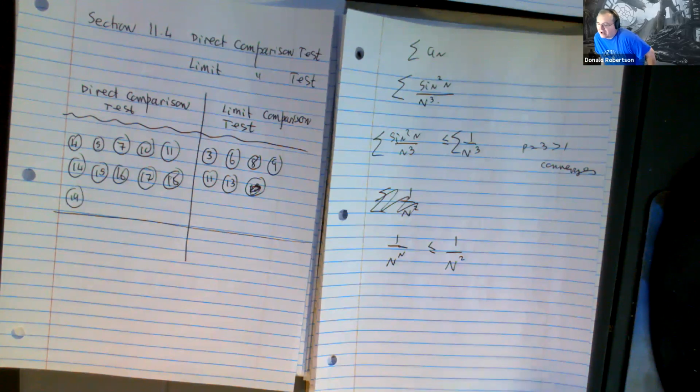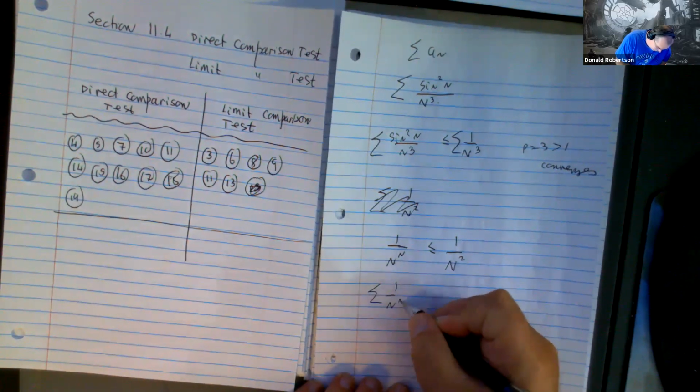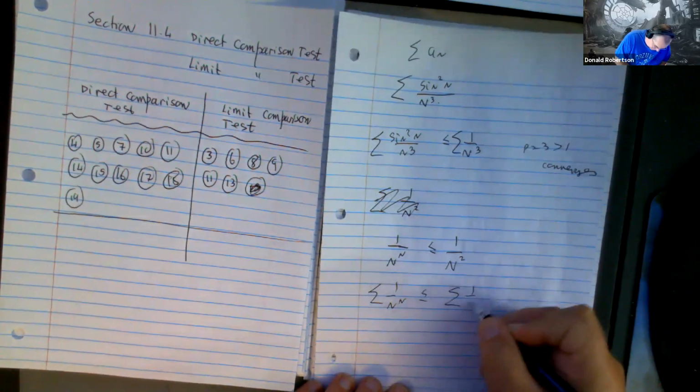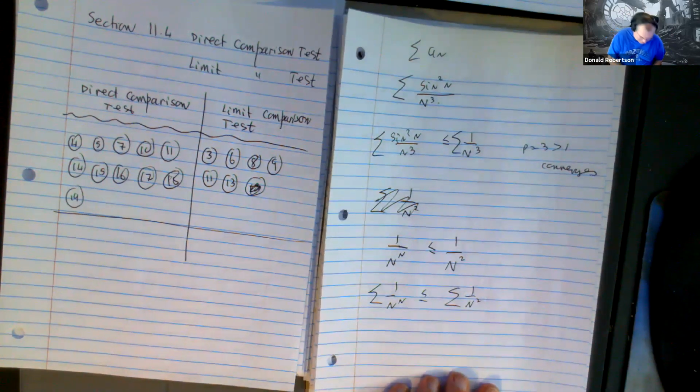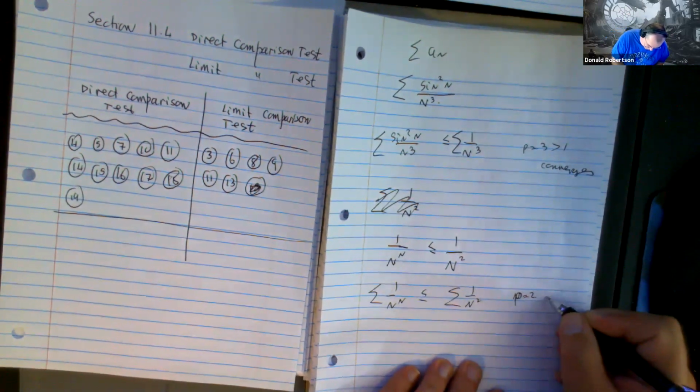Pick a number like 5. 1 over 5 to the 5 is definitely huge, 1 over a huge number, but the whole thing is definitely small. So, guess what? Then isn't this true? And by the direct comparison test, p is 2, converges.